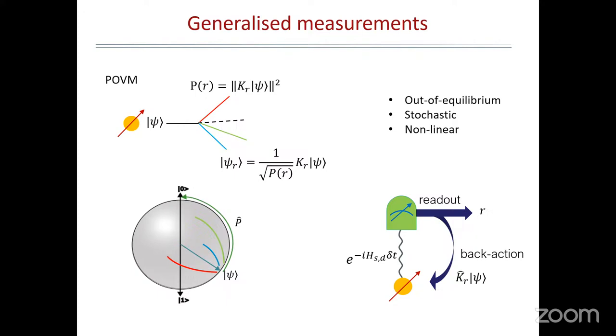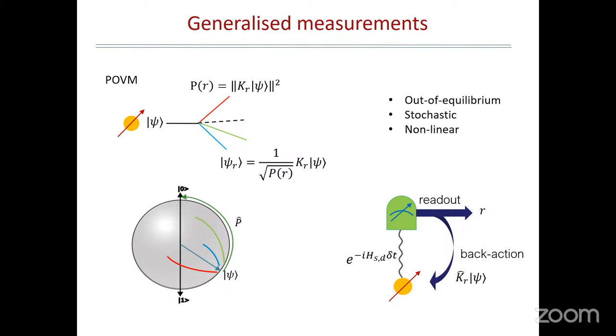So in particular, we want to generalize this not to projective measurements, but to more general measurements. Quite generally, we don't have projections, but the way we describe the measurement is that we have some system, and from the coupling to the detector we obtain a readout, which is just a real number, which is of course correlated with the system.